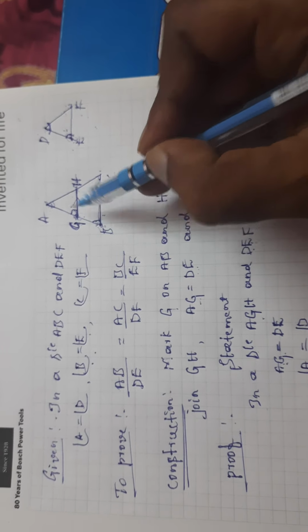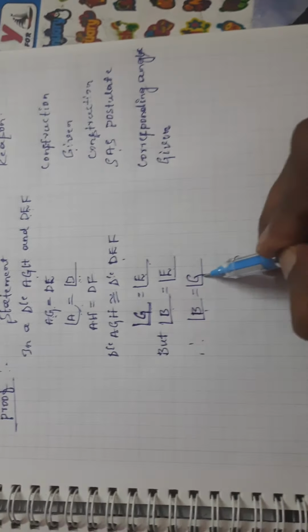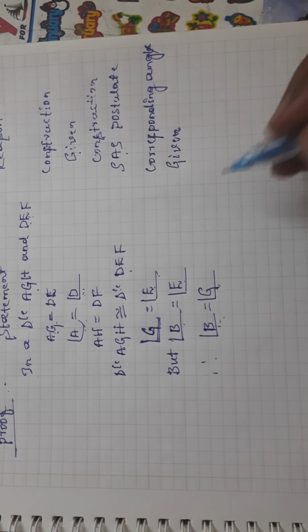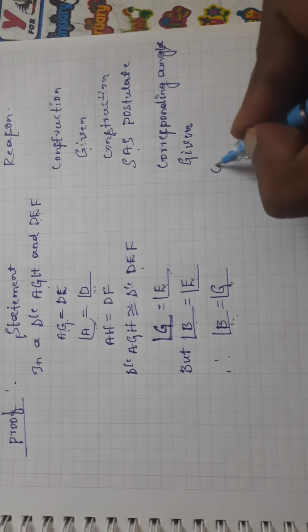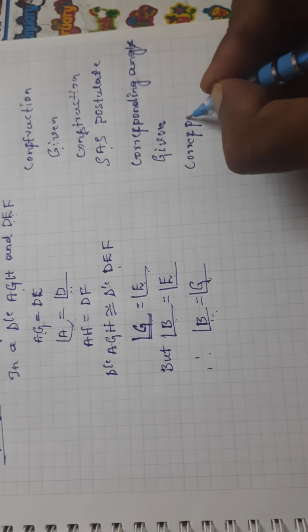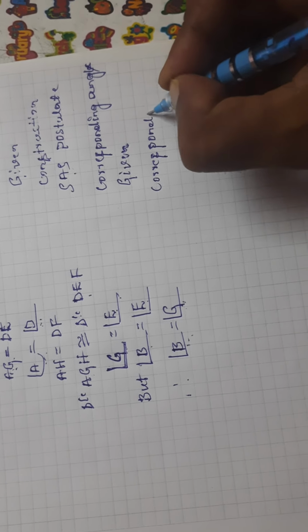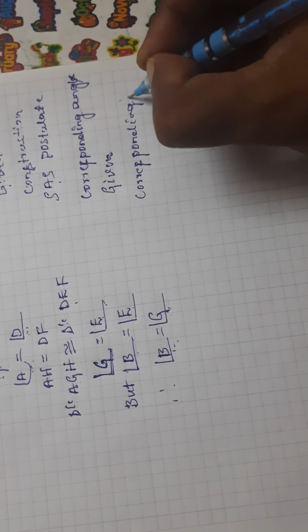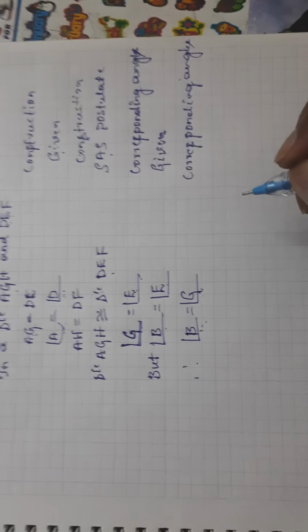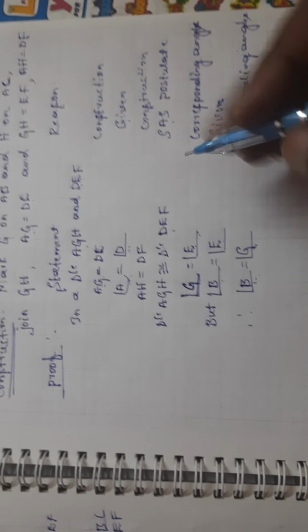What about the corresponding angles? The corresponding angles are equal. These two are corresponding angles in similar triangles.